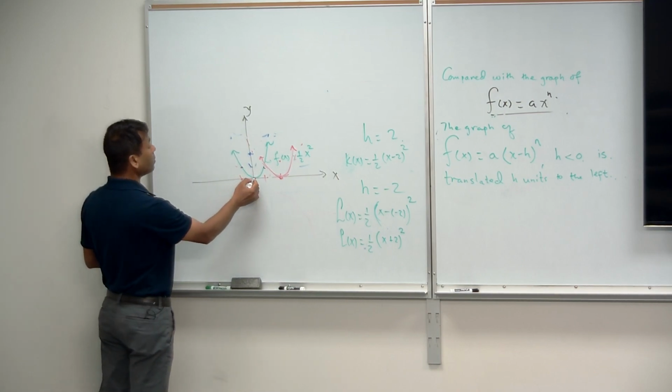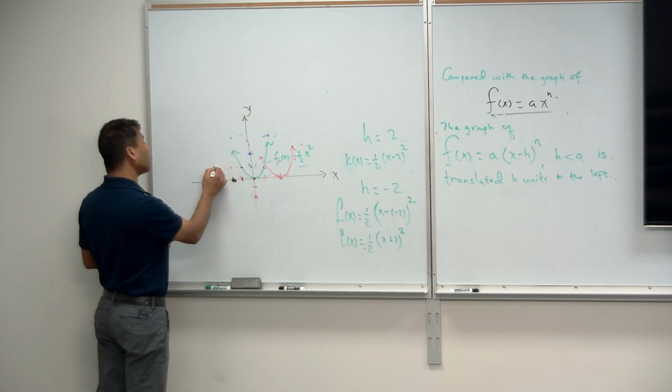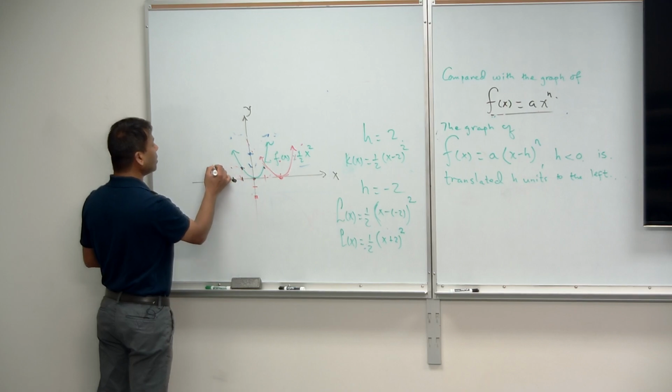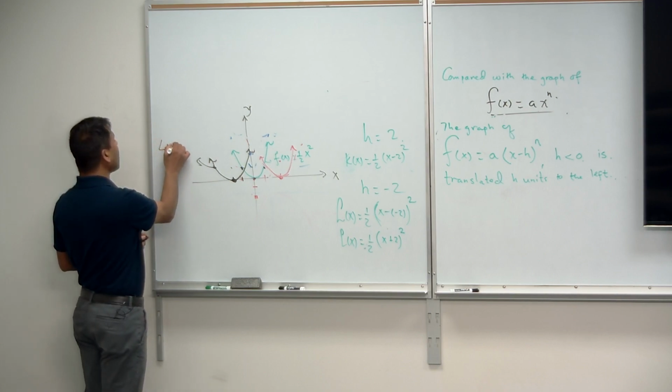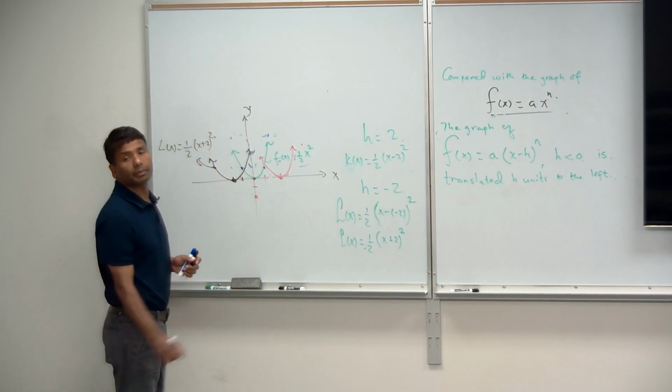So this point is shifted 1 unit, 2 units, so it's shifted here. This point is shifted 1 unit, 2 units here, and this point is shifted 1 unit, 2 units here. You will have something like this. The black one is the graph of L(x) equals half (x plus 2) squared.